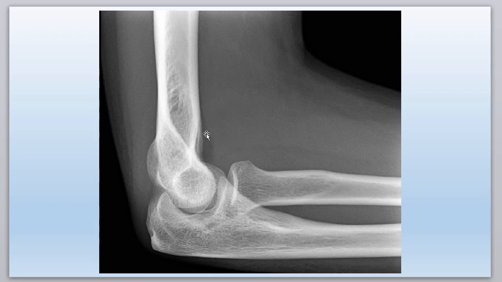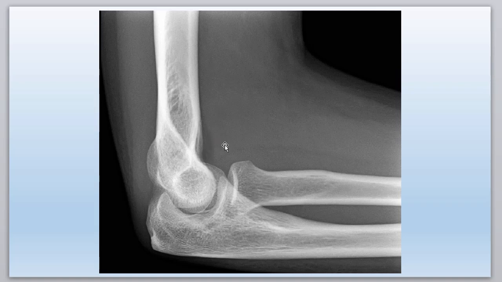See this radiolucency? Look at the density of this tissue. It's radio-opaque, it's denser, it's more white, and then you've got this shadow here. So that's called the anterior fat pad sign, and that is not a good thing to see.